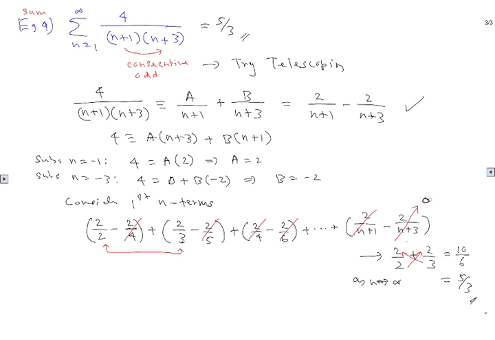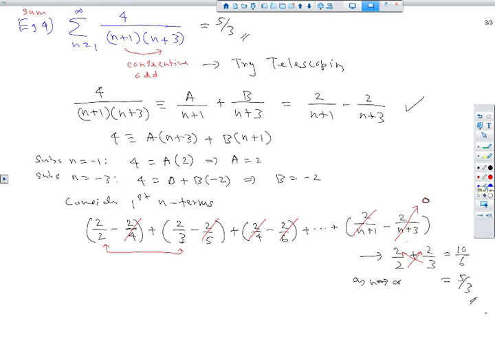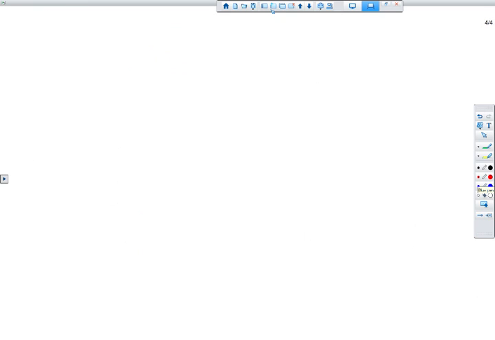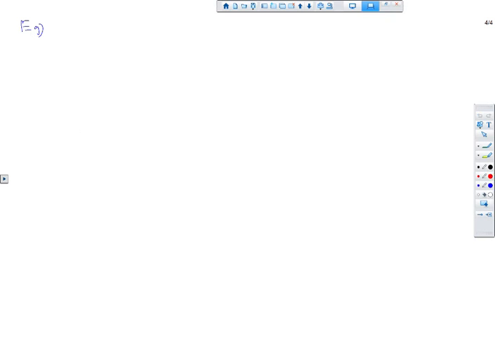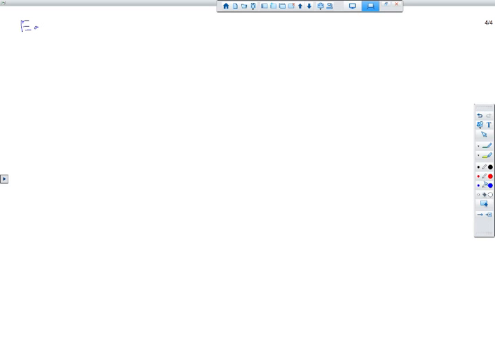So let's do the direct comparison test problem. The next one is example number 5. Let's look at this problem: the sum with n going from 1 to infinity of ln n over n.